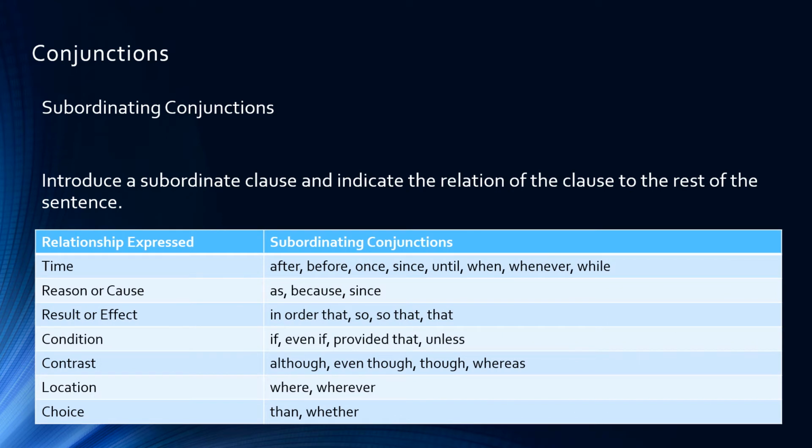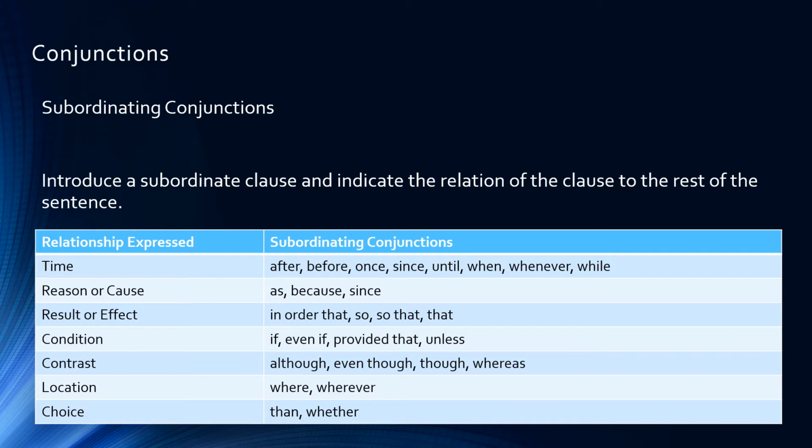Now, when we look at this chart, we can see that there's a relationship expressed using a subordinating conjunction. If the relationship is time, for example, the subordinating conjunctions are after, before, once, since, until, when, whenever, while. All of those subordinating conjunctions show the relationship of time.